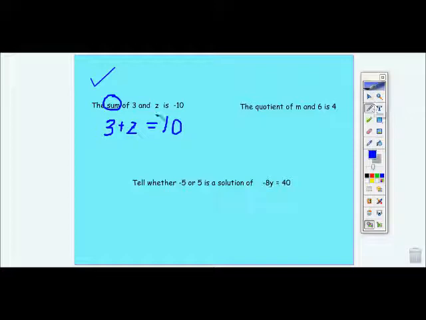Let's try here. There's my -10. We have the quotient, that means division, of m and 6, so m divided by 6 is the equal 4.